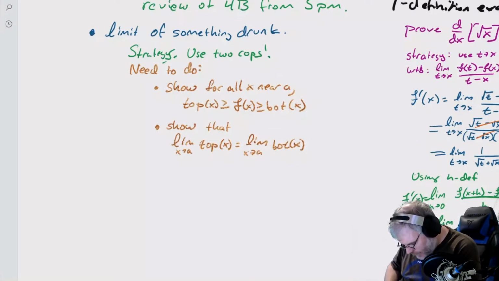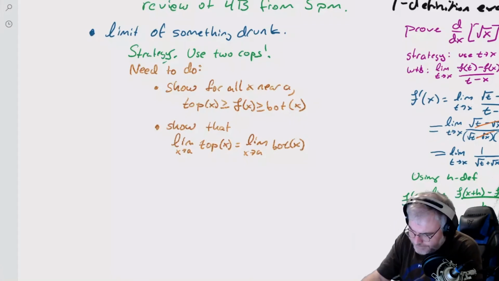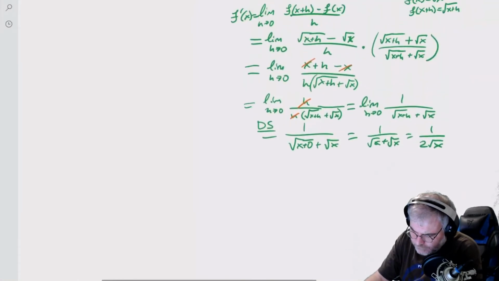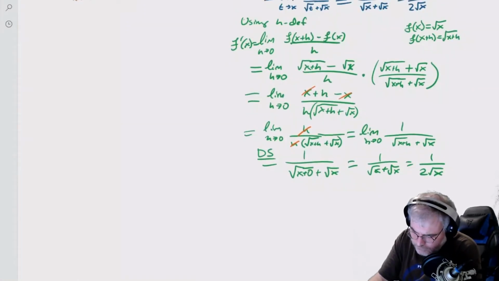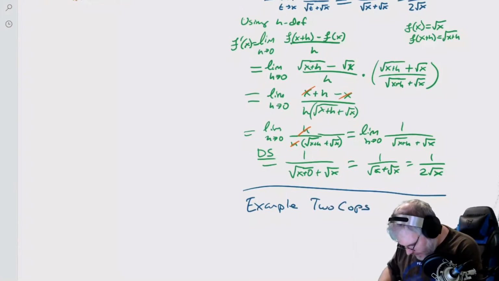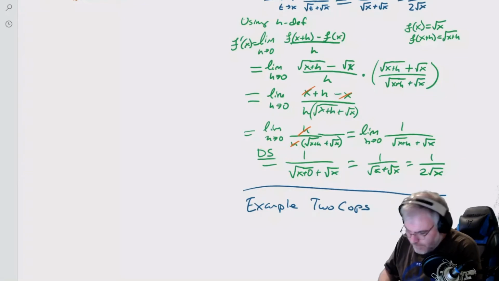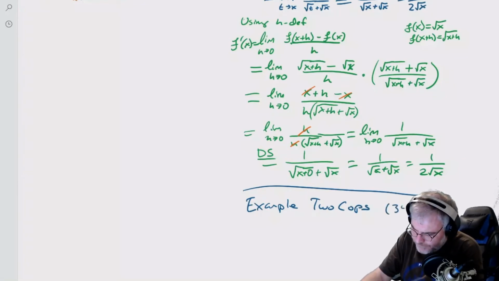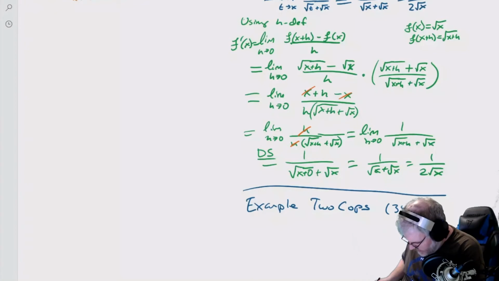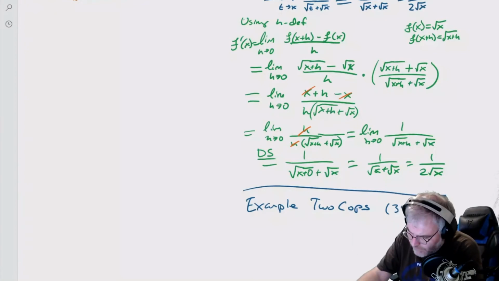Okay, so here's one from the textbook. This is number 34 on page 44, section 1.4. You don't know what the page is because the ebook doesn't have page numbers anymore.